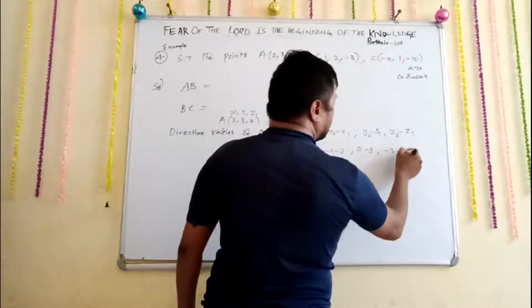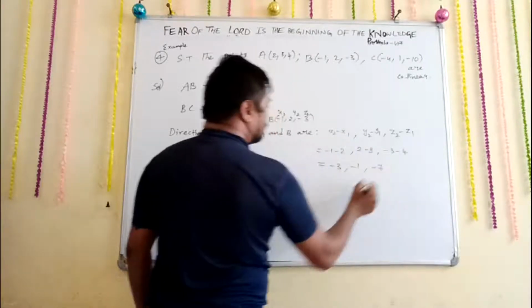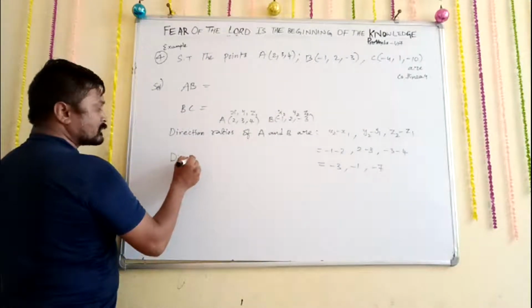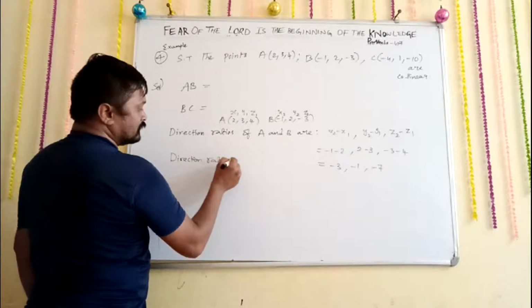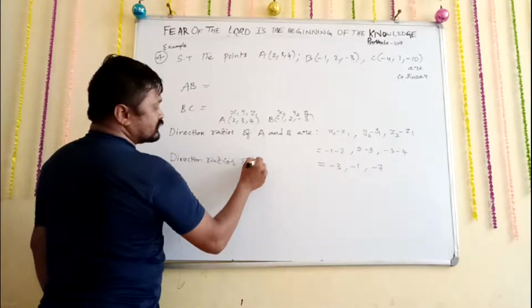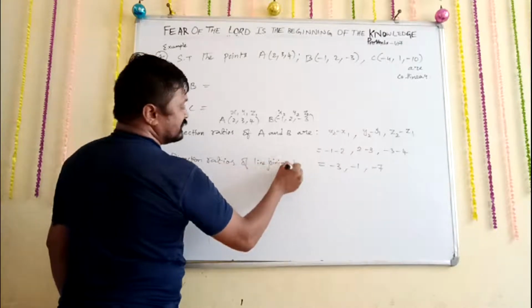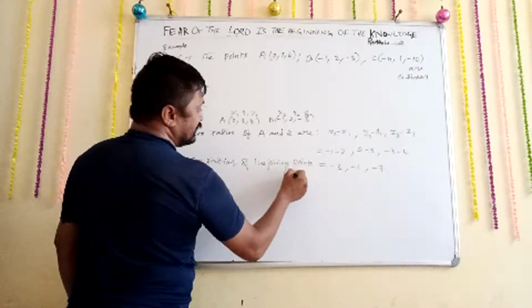That is equal to -3, -1, -7. This is the direction ratios of the line joining points A and B.